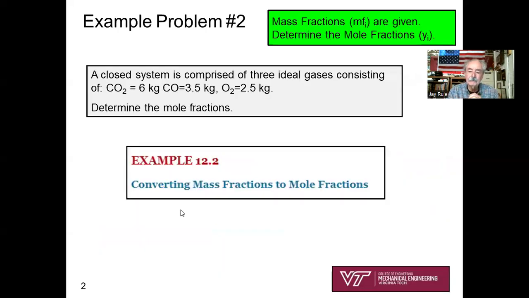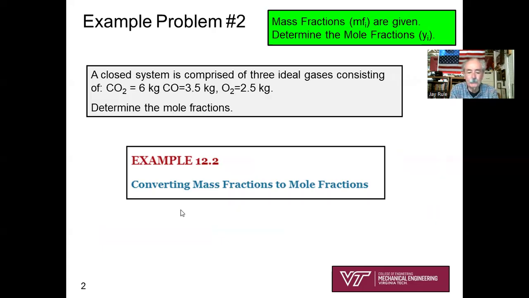And so this is going to be really an example 12.2 right out of your textbook. It says a closed system is comprised of three ideal gases consisting of 6 kilograms of carbon dioxide, 3.5 kilograms of carbon monoxide, and 2.5 kilograms of oxygen.